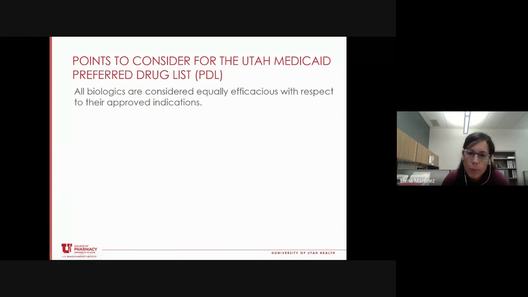For the purpose of the Utah Medicaid preferred drug list, all agents are considered equally efficacious with respect to their approved indications. At least one biologic administered subcutaneously may be included as preferred in the PDL.